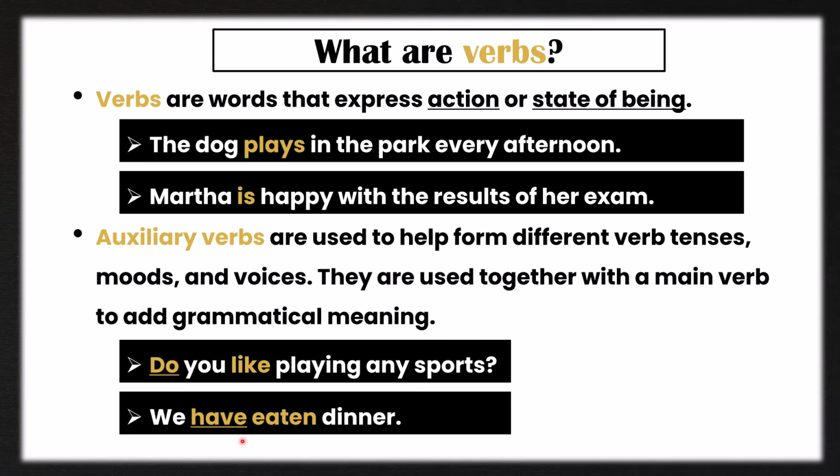We have eaten dinner. This sentence is in the present perfect tense. So the verb is eat, but have is the auxiliary verb that helps us form the present perfect. Auxiliary verbs are also known as helping verbs.